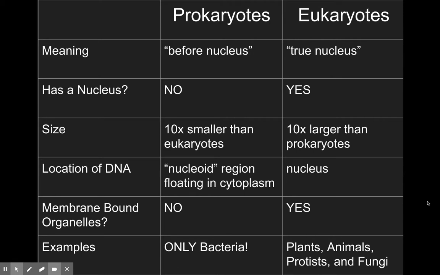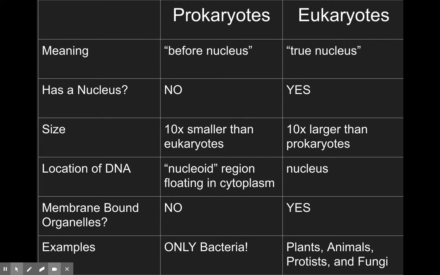So here's kind of like a little graphic organizer just to summarize, to show you the difference. So prokaryotes, eukaryotes, the meaning of prokaryotes literally means before nucleus. Eukaryotes means true nucleus. So that kind of answers the question, does it have a nucleus? Well, if prokaryotes means before nucleus, then no, it does not have a nucleus. And if eukaryote means true nucleus, then yes, it does.